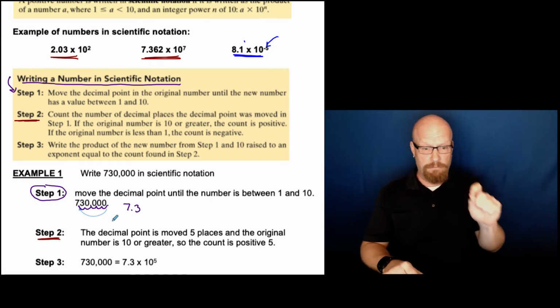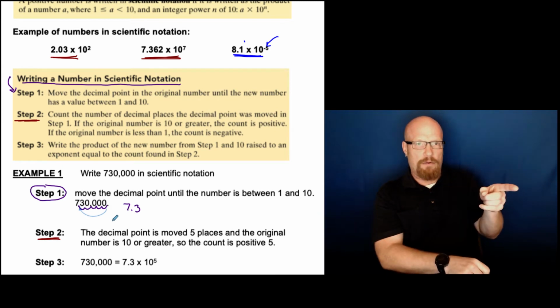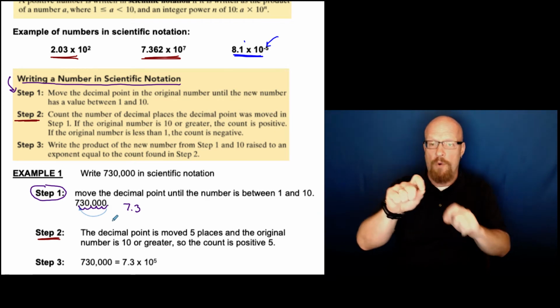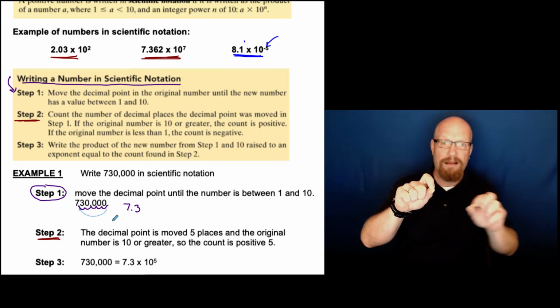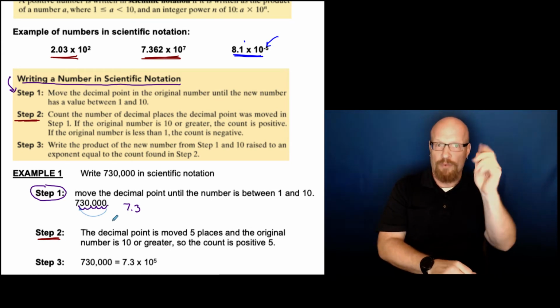If you move it left, it's going to be 10 to a positive exponent. If you move the decimal point right, it will be a negative exponent. All right?